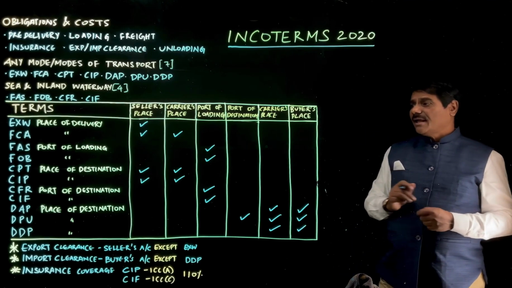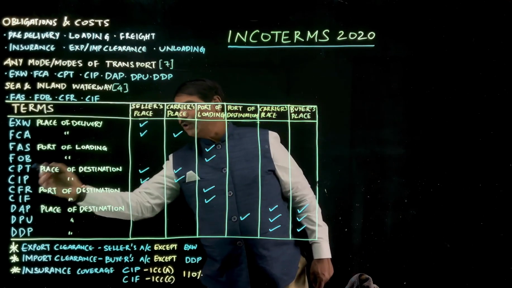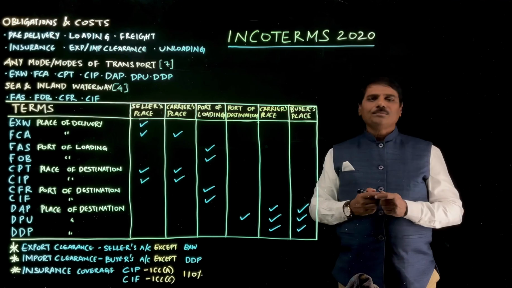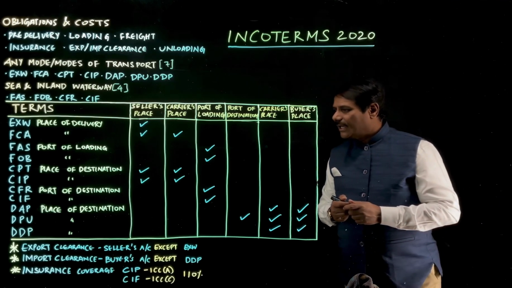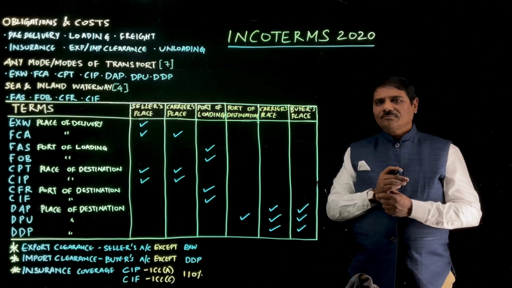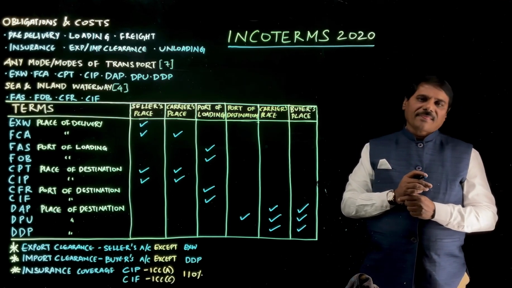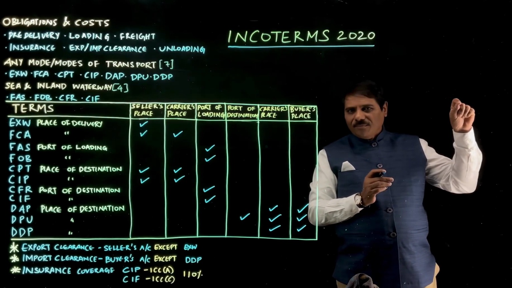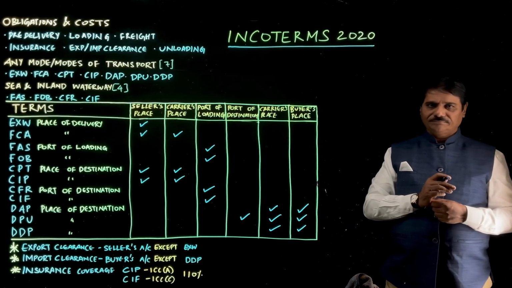So next one, carriage paid to. Carriage paid to, insert again the place of destination. Suppose, as our example says, destination is Dubai.